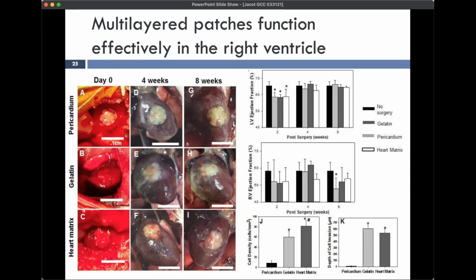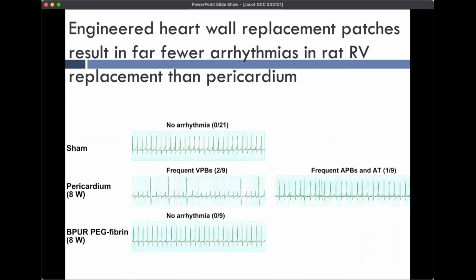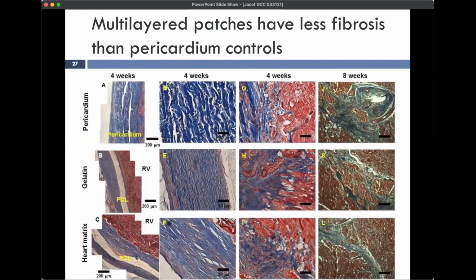And what we've used here is a fibrin-based hydrogel supported by a polyurethane layer. And we get improved heart function when we put this in, and especially can greatly reduce arrhythmias compared to fixed pericardium, and then can also show much less fibrosis with a fibrin patch compared to fixed pericardium.